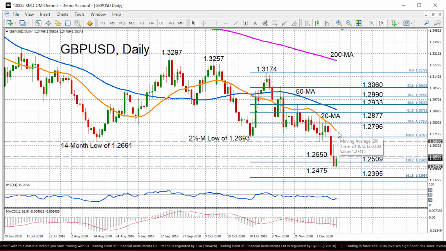A break above 1.2740 or the 20-day moving average would help eliminate a lot of that downside selling pressure we're seeing at the moment, and then we could see perhaps a shift to a more bullish picture for the short term.